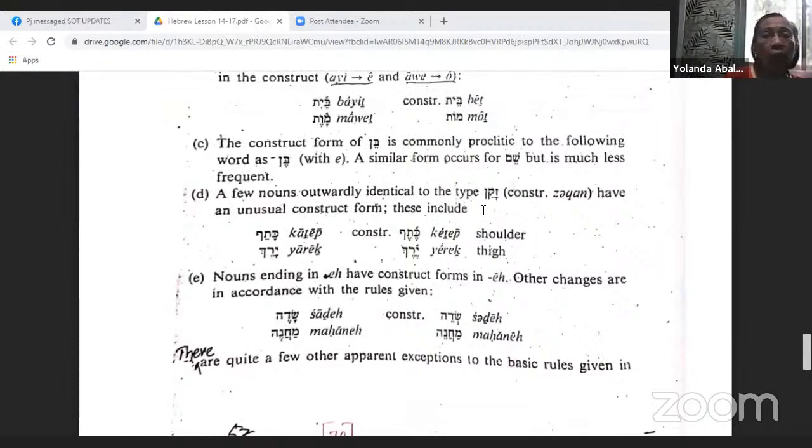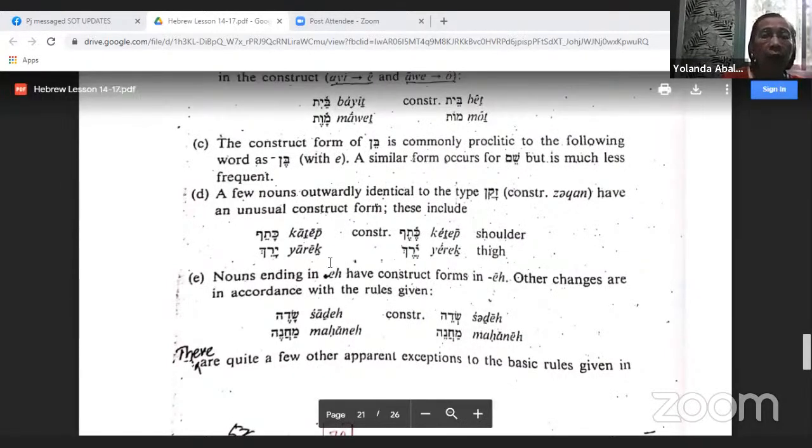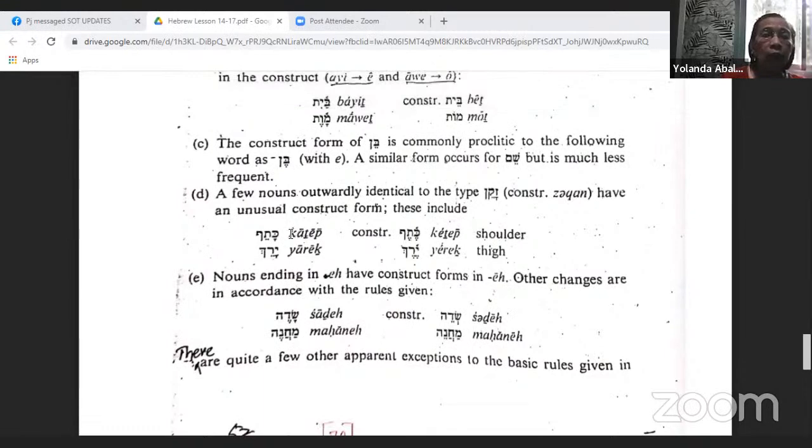So, meron tayong zaken. To construct the zaken, ang ibig sabihin, i-convert mo yan into the old man of, or the man who had grown old. Kaya meron kang, instead of zaken, zikan. So we have katif means shoulder, constructed into kitif, the shoulder of.